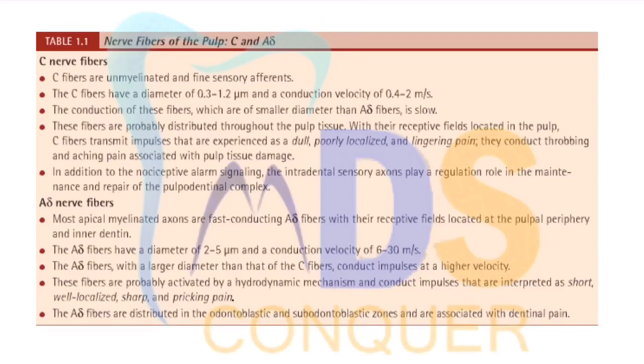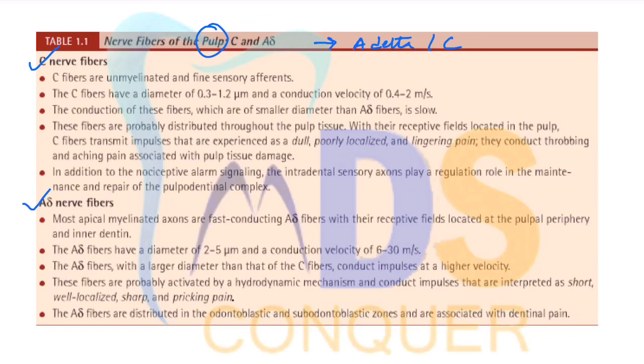For your information, I have added this slide which contains the information of the nerves present in the pulp. As already discussed, the predominant nerves present in the pulp are A delta and C fibers. All these points of A delta and C fibers are very, very important from the examination point of view.